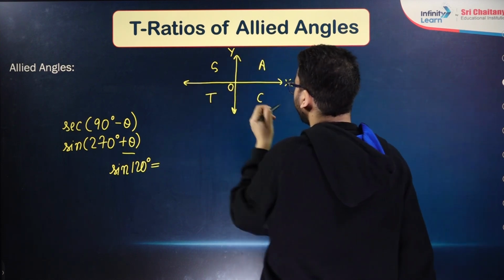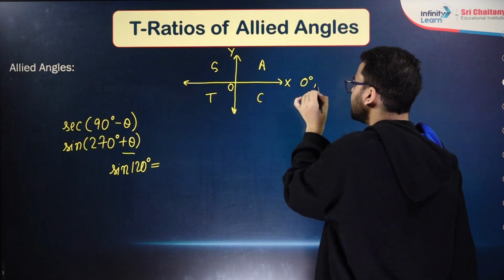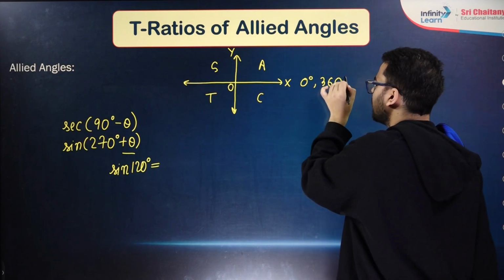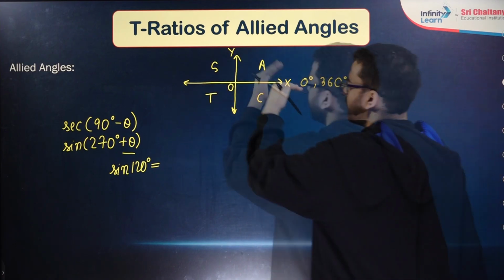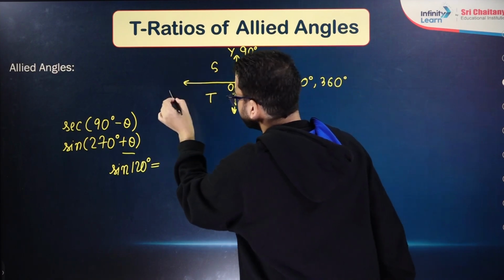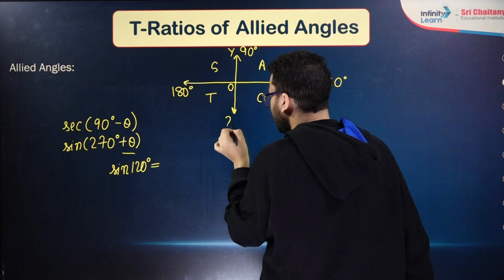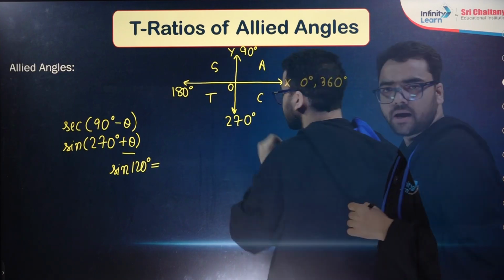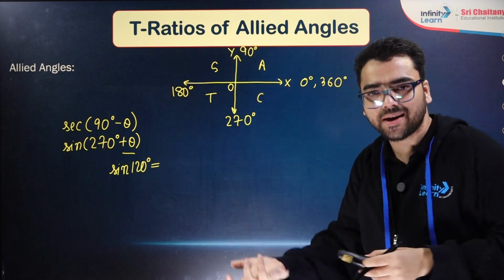If I start from here, this is 0 degrees and 360 degrees, because if you make one complete revolution, this will be 360 as well. This is 90 degrees, that is 180 degrees, and if you add one more 90, that will be 270 degrees.